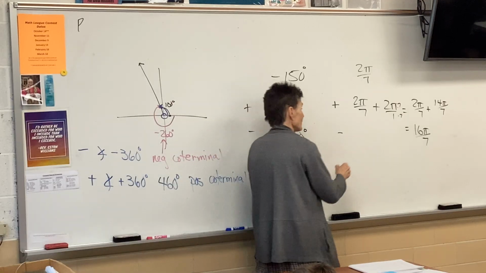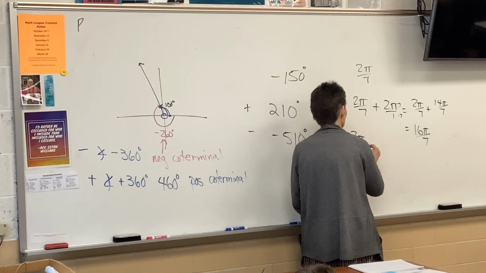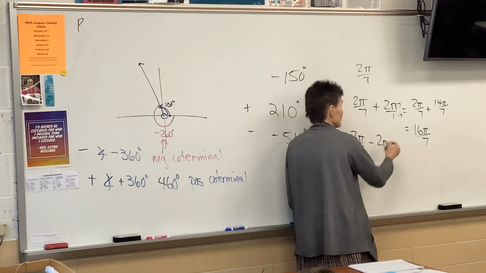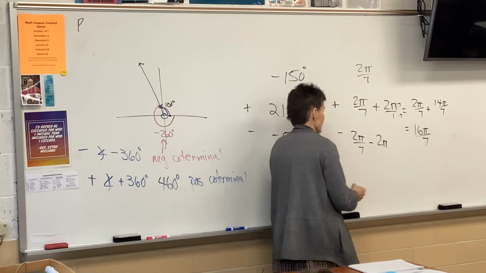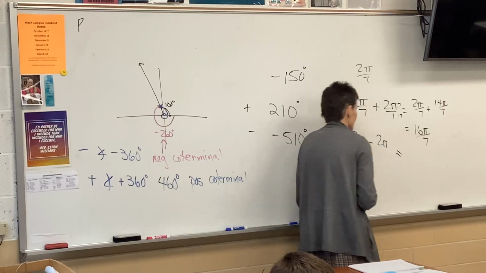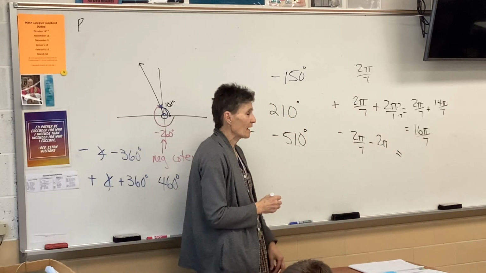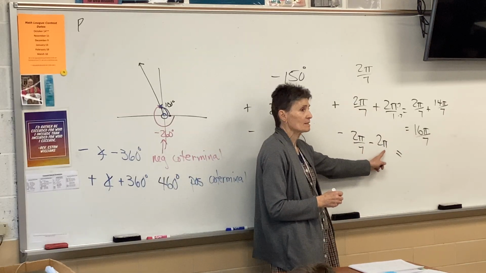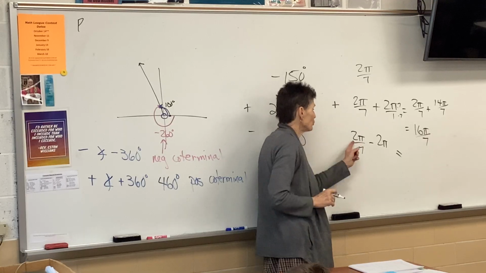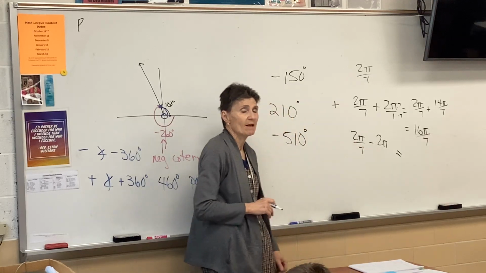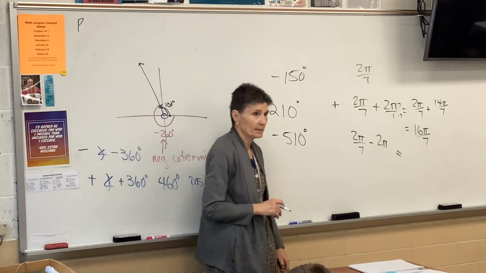How will we find our negative one? Subtract 2 pi. That's 14 over 7. So what's 2 minus 14 over 7? Negative 12 over 7.